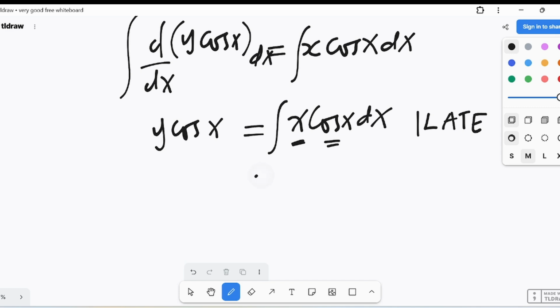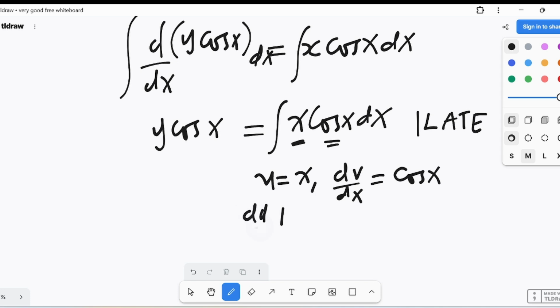So algebraic comes first, so our u becomes x, then our dv dx is cos x. So when you differentiate x, you get 1.